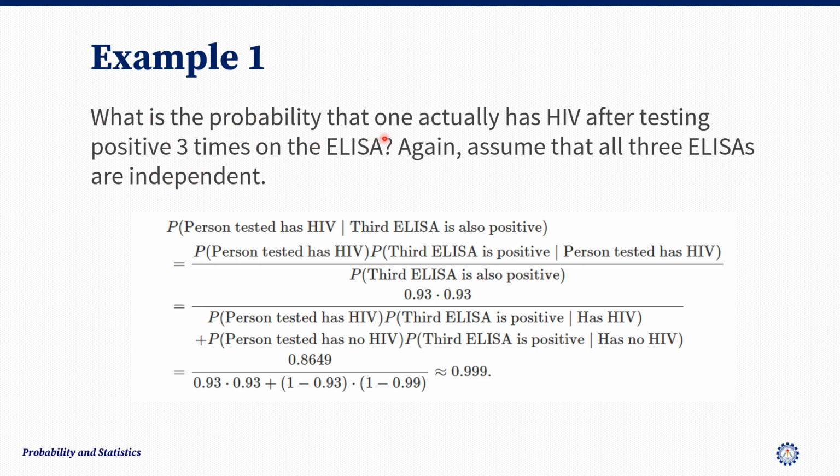What is the probability that one actually has HIV after testing positive 3 times on the ELISA? Again, assume that all 3 ELISAs are independent.